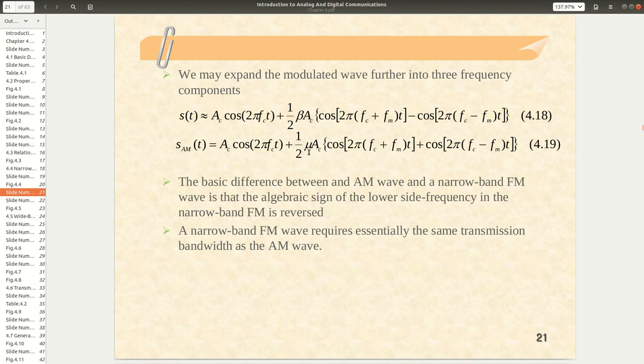But here there is mu. So the basic difference is you see here, the algebraic sign of the lower sideband between the AM and narrowband FM.